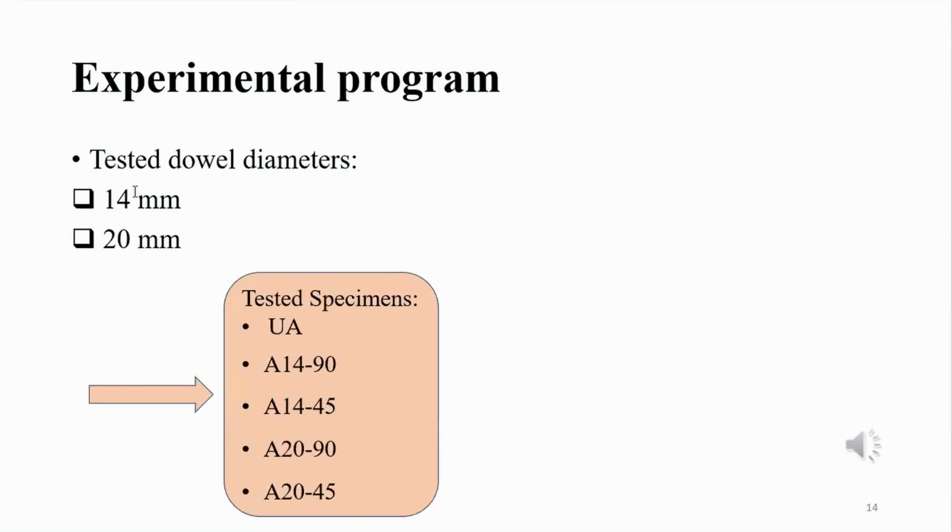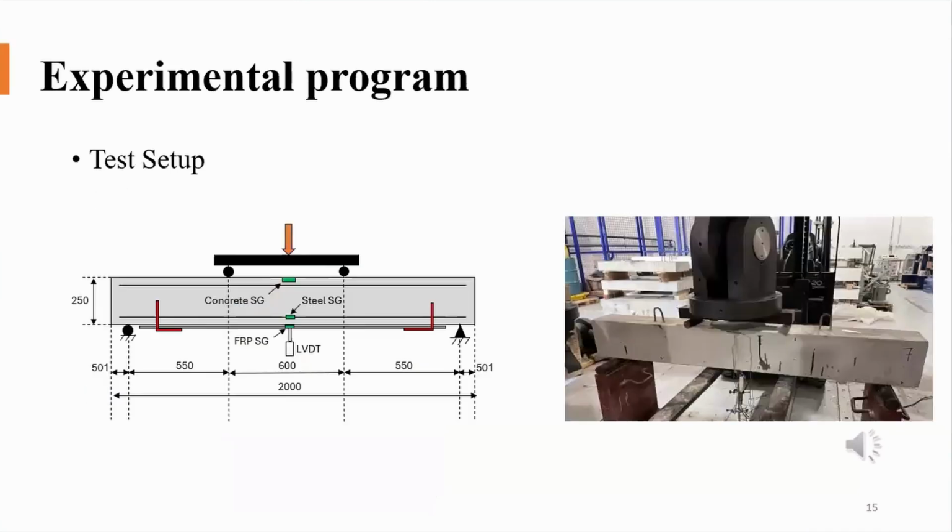So the tested specimens were the unanchored beam, the beam with 14 millimeter dowel at 90-degree angle, the beam with 14 millimeter dowel at 45-degree angle, and two beams with 20 millimeter dowel at 90 and 45 degree angle.